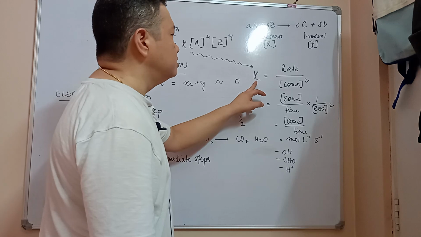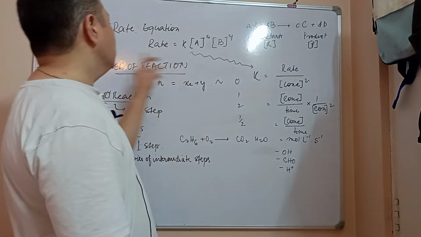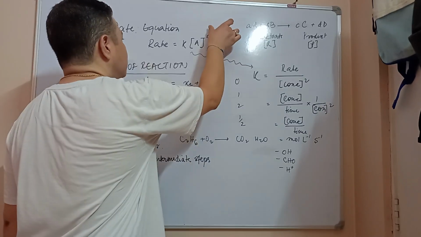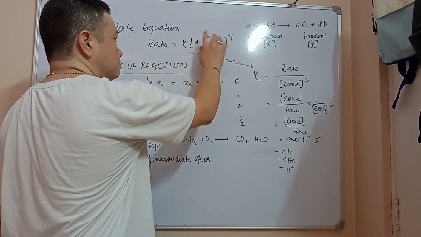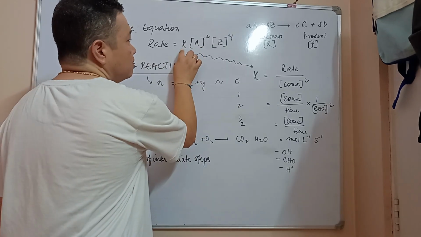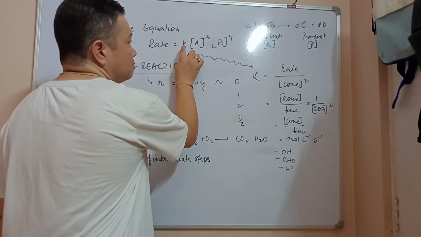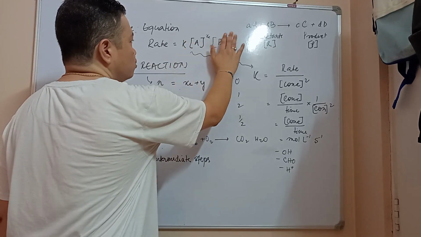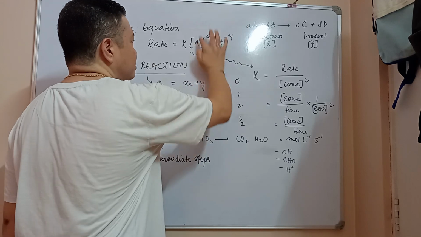Now the question may be, what will be the unit of the rate constant when the order of the reaction is zero? अगर order of the reaction zero होता है, मतलब इन दोनों का sum zero होता है, that means इनका कोई value नहीं रहा, then what will be the unit of rate constant? This becomes zero, this becomes zero means this part becomes 1.